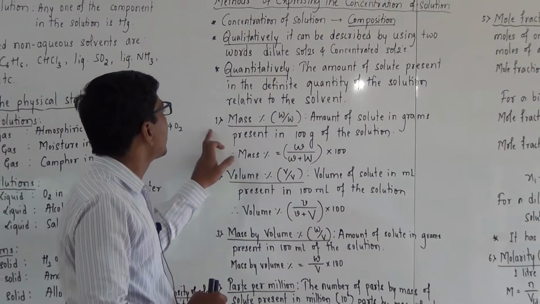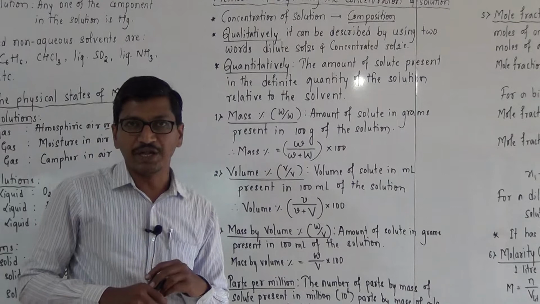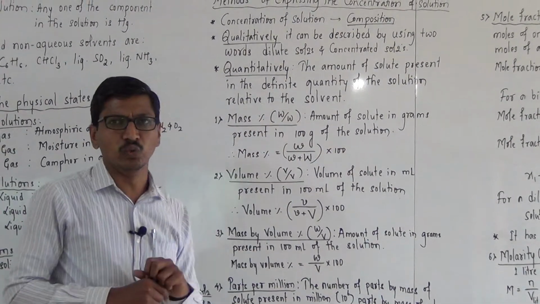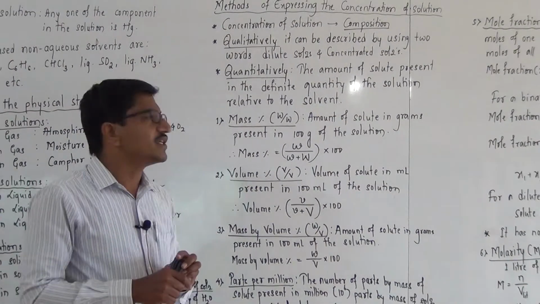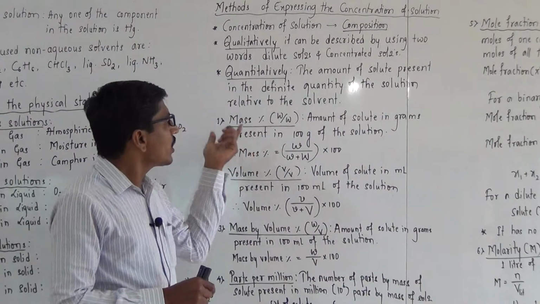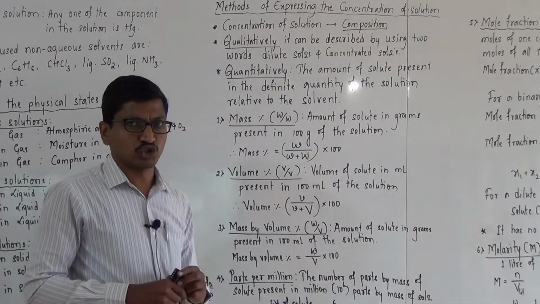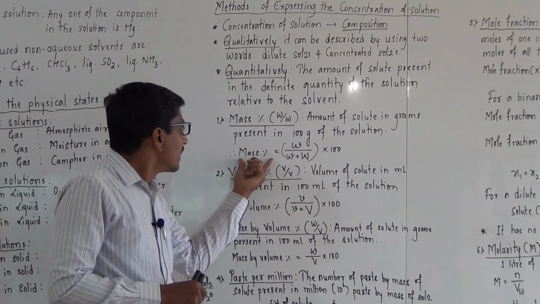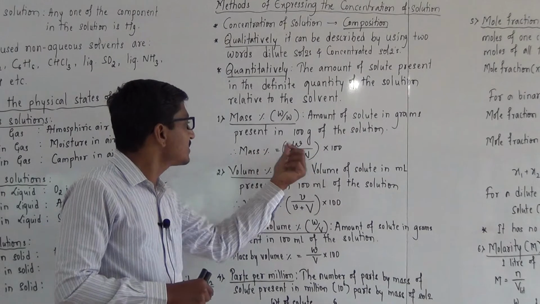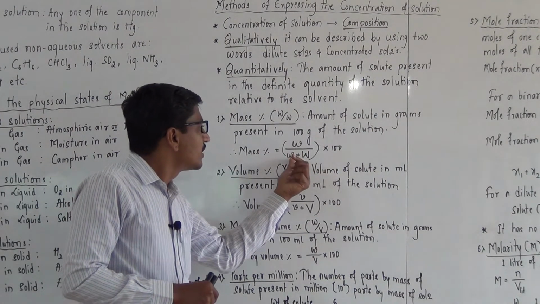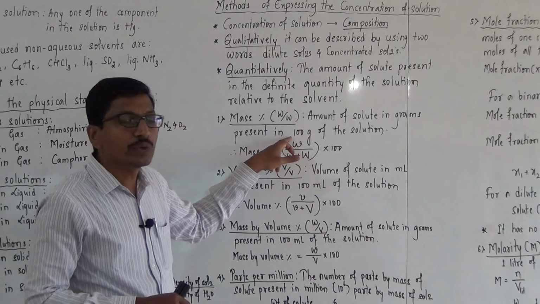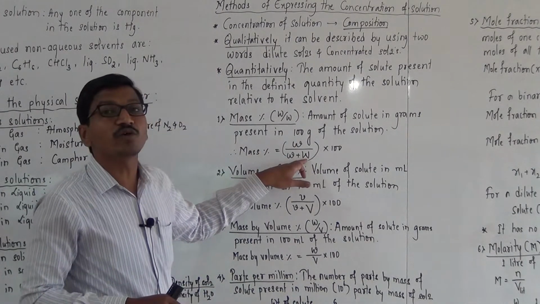First one is mass percentage or weight percentage. It is represented by W by W. Mass percentage is the amount of solute in grams present in 100 gram of the solution. The expression used to represent the mass percentage is small w by small w plus capital W. Small w is the weight of the solute, and capital W is the weight of the solvent.